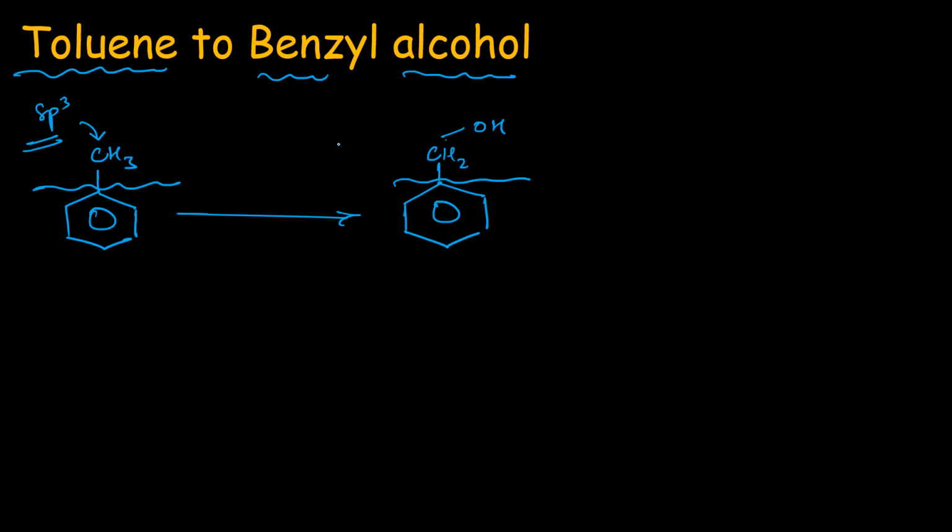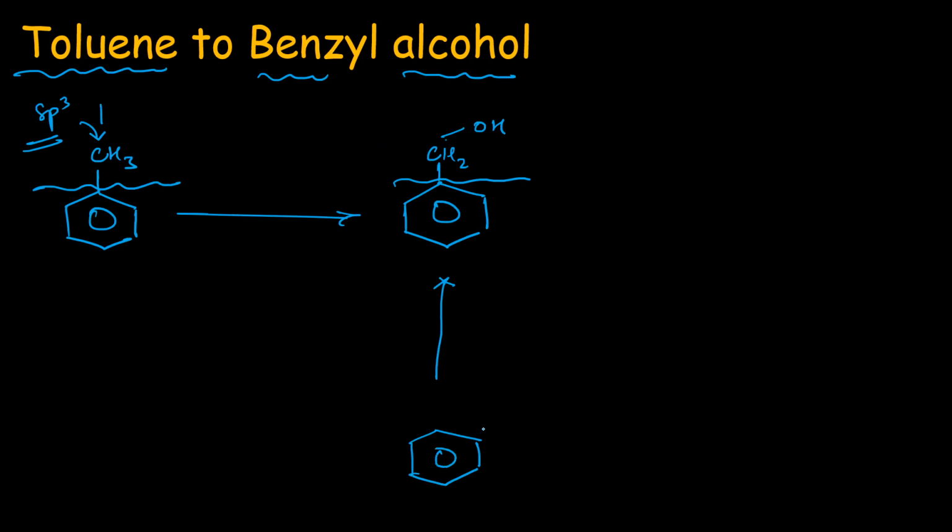See, these are the things that you have to remember. If this carbon is sp3, that means this is an alkane portion. Whatever the reaction is, it is happening on the alkane side. It is not including anything regarding the aryl group or the benzene group. Okay, so we have here CH3 and here we have OH. So first of all, you will ask yourself, can I make alcohol using haloalkane? The answer should come yes.